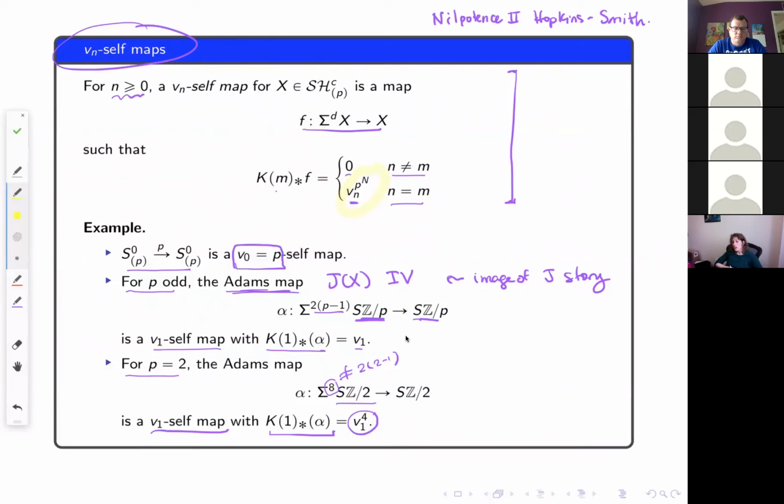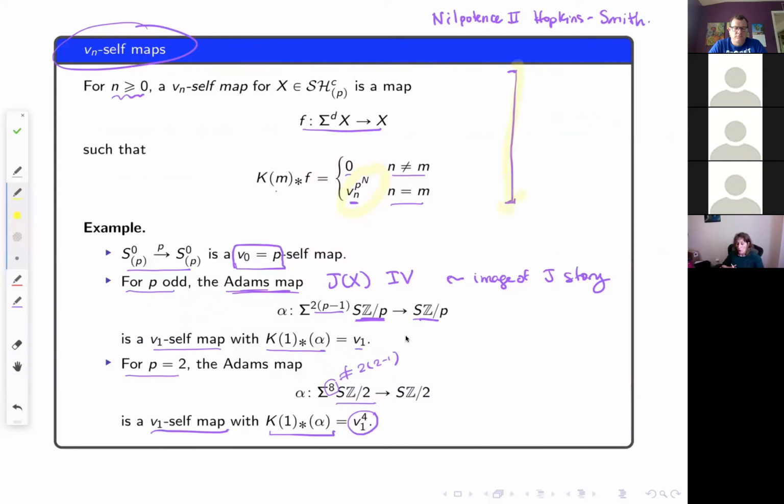No, I'm just saying there exists one where it's a power of p to the n. If you have your v_n to the n times p to the n, or some k times p to the n, then I don't know. I don't have the details right now. I just thought that since you looked at two different definitions, you figured out something. I'm just saying that for any type n spectrum, there's going to be one like that.